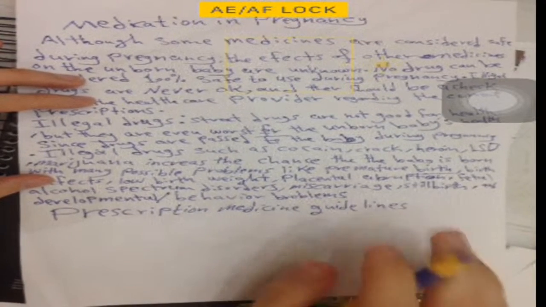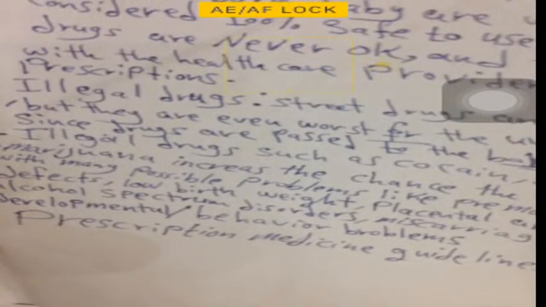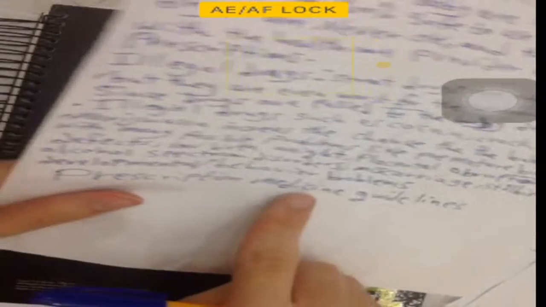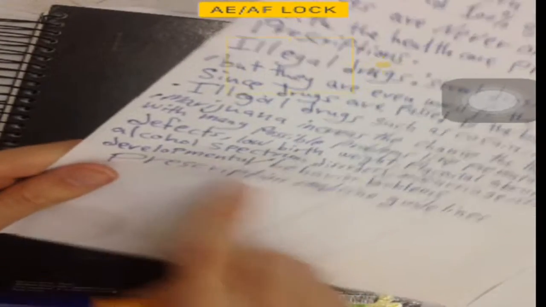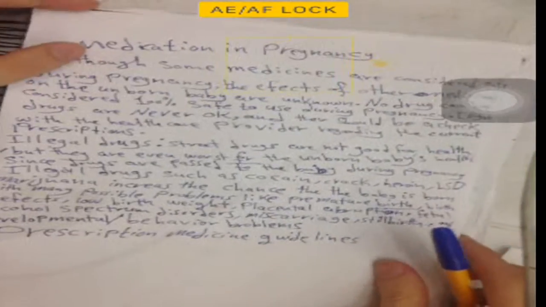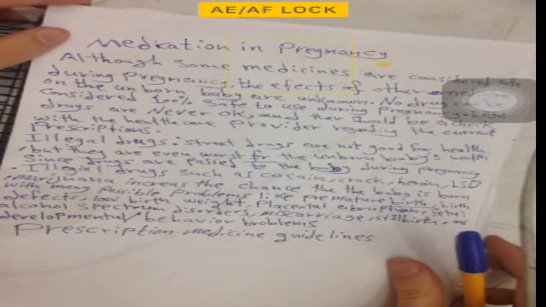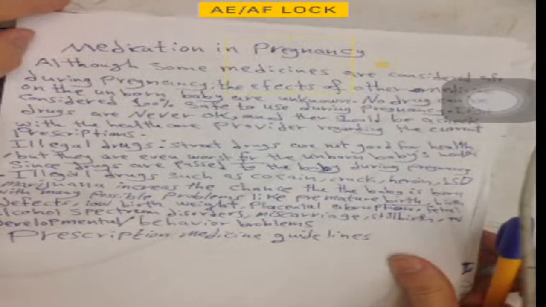Very important subject in this paper, as we can see here. The guidelines, medicine and prescription. Very serious stuff.